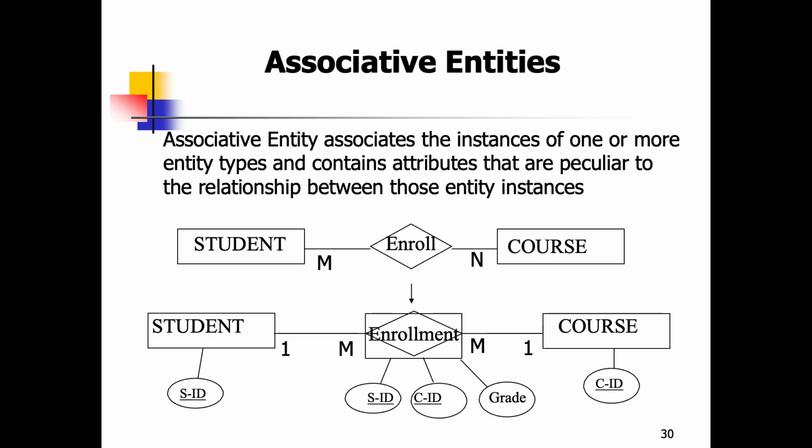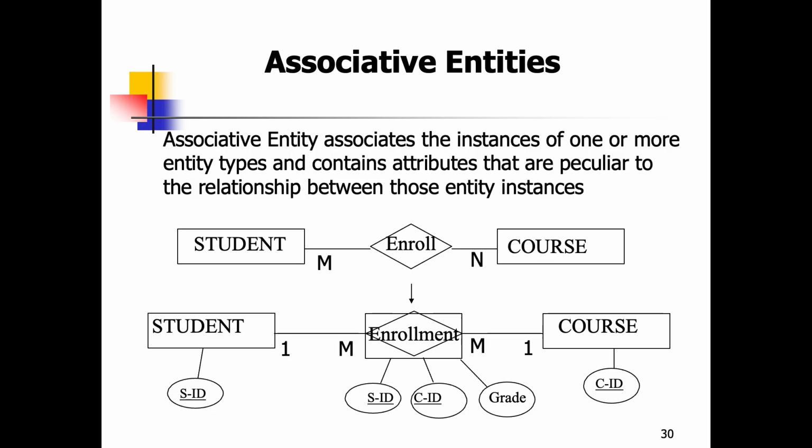This is how you show the composite entity. When the relationship between two entities is many to many, instead of just having that diamond with many to many, use this associative entity. The associative entity has the entity symbol with a diamond inside it. So it's this one, right?